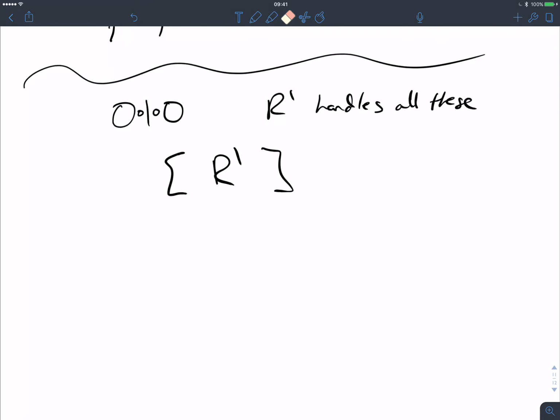Well, what could appear after this? R prime, but what has to go there? An operator, a concatenation or a union operator. Does that make sense? How many times can I repeat this process? As many times as I like. How do I write 0 or more times? Star. Okay. Other questions?